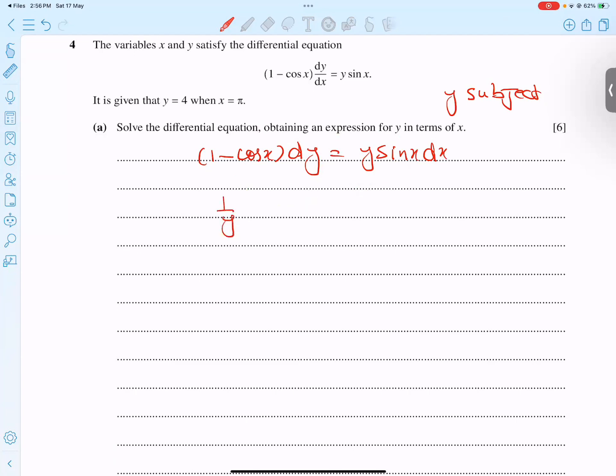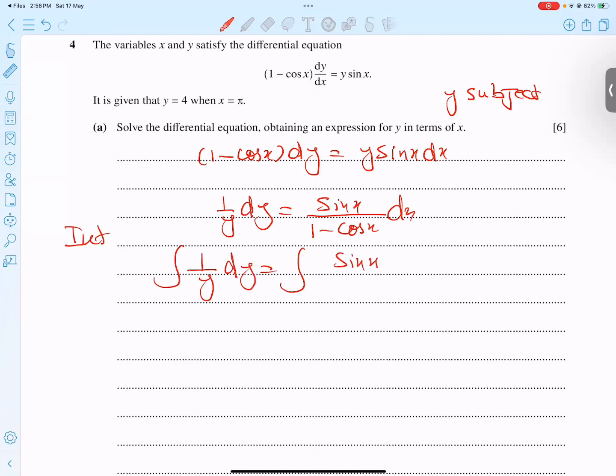I get 1 over y dy, and here sin x over 1 minus cos x. So I'm integrating both sides now. I got this, and I'm getting this. And here I tell the basic formula. What is the formula? If the function is in the denominator, its derivative is in the numerator, and the power of the function is 1, then we can write log of the function, that's it.